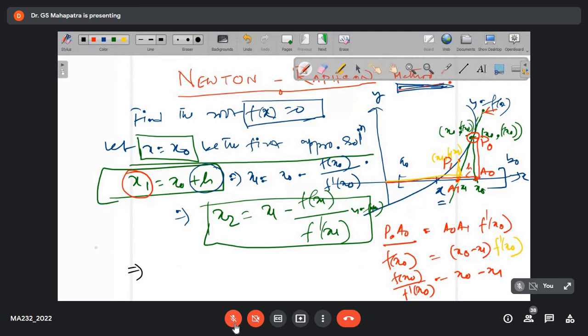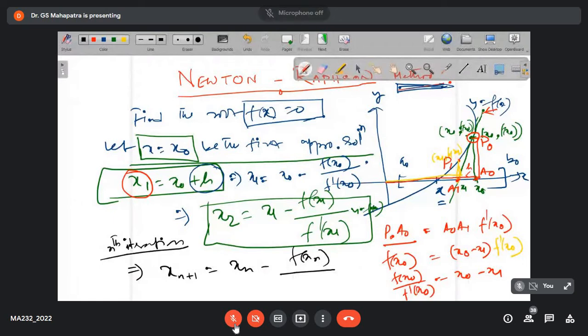That means nth iteration. At nth iteration, what is the working formula? xn plus 1 equals to xn minus f of xn divided by f dash of xn. This is the working formula for the NR method.